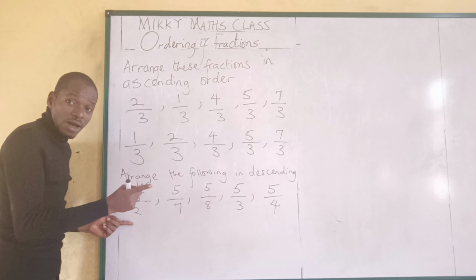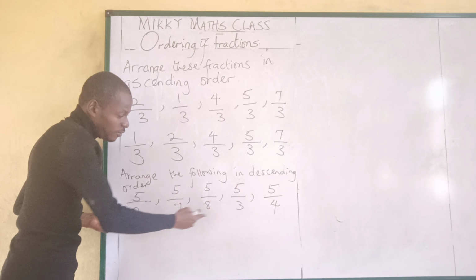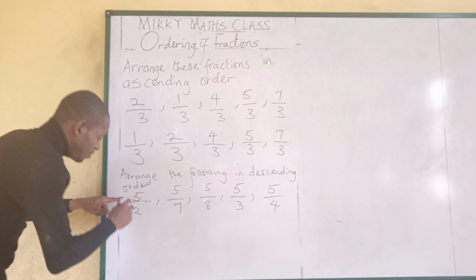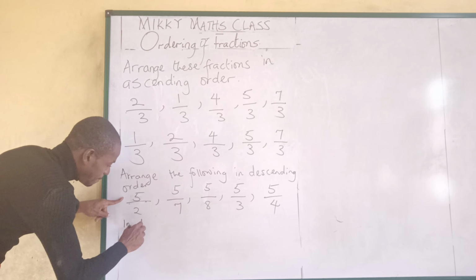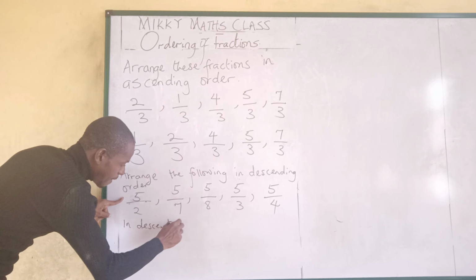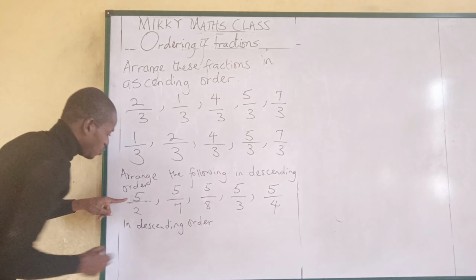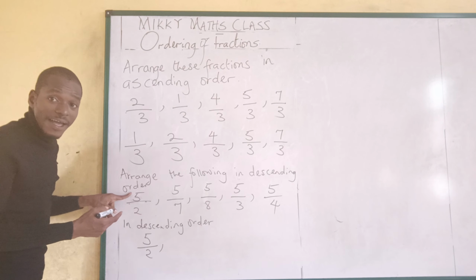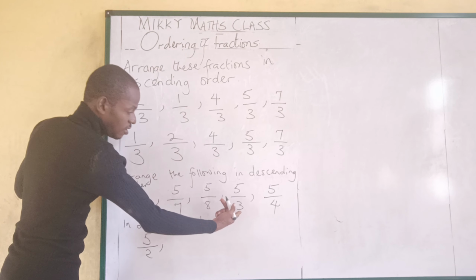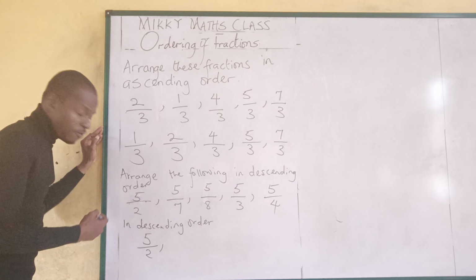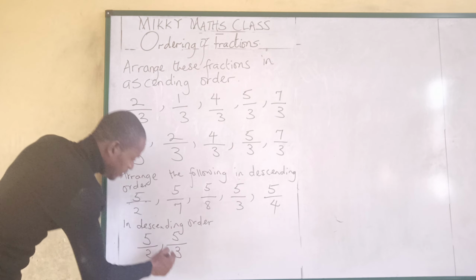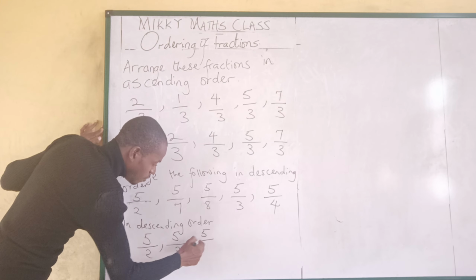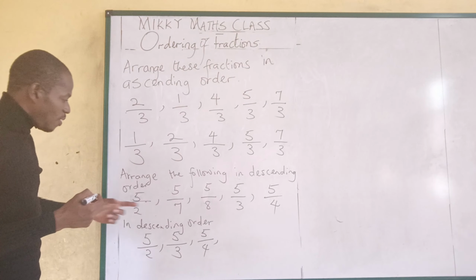So let's check out the denominators. Here is 2, here is 7, here is 8, this is 3, this is 4. In descending order, the biggest fraction will be 5 over 2, followed by 5 over 3, followed by 5 over 4, followed by, you have 7 and 8.